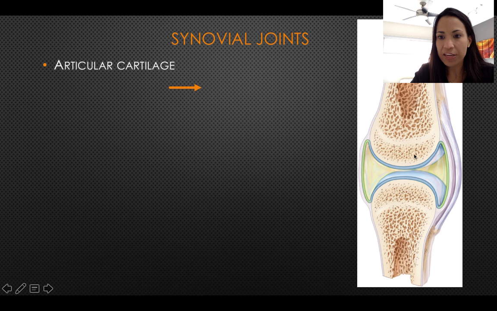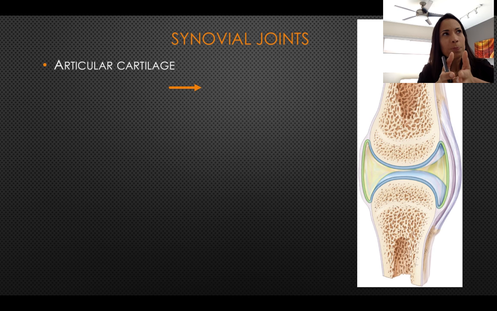That's what we have in here in blue. It's a piece of hyaline, smooth, slippery cartilage that covers only the ends of each of the articulating bones. Its function, of course, is to avoid the friction of the two bones at the same time that you allow one cartilage to slide on top of the other one.